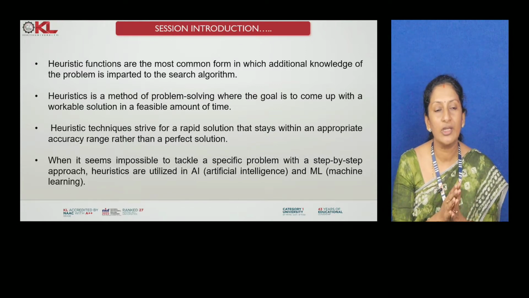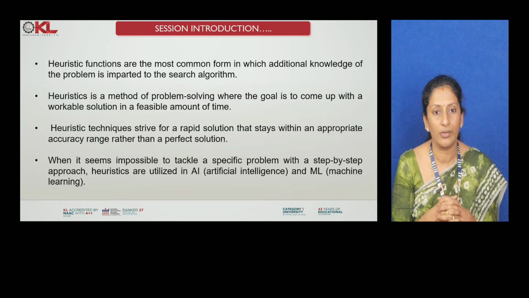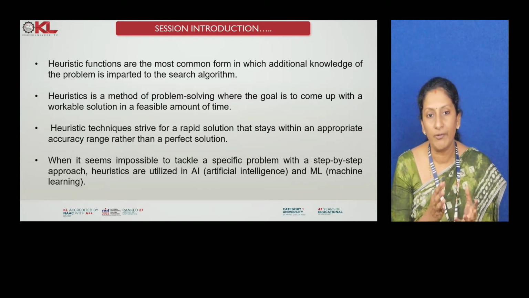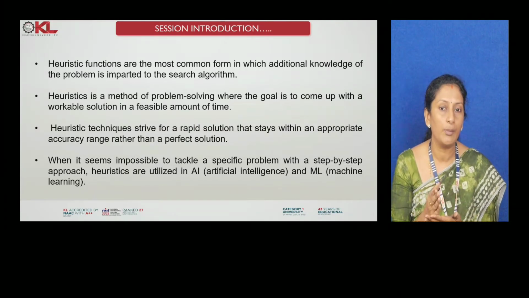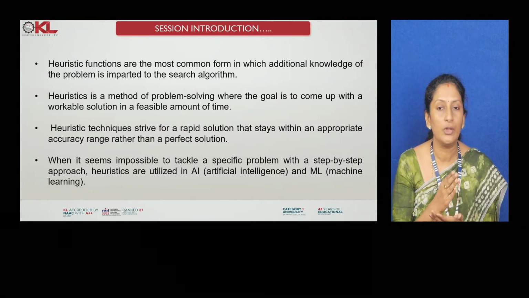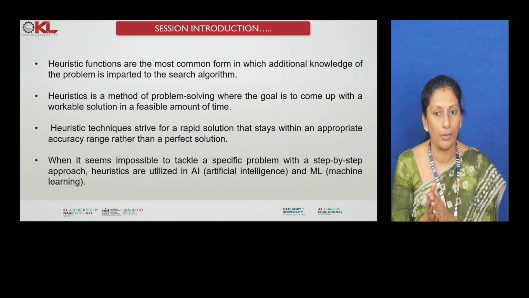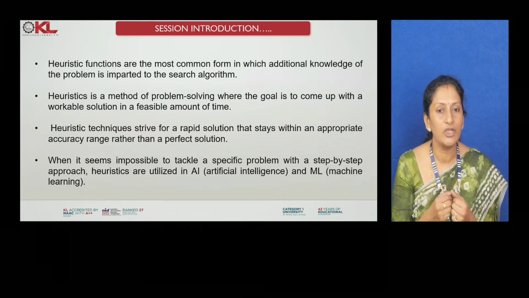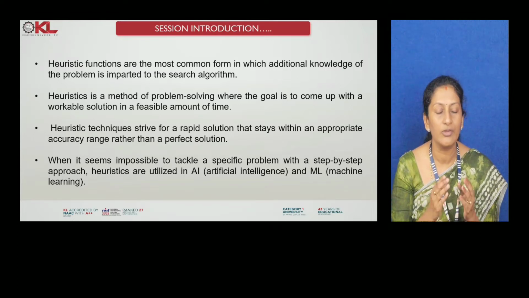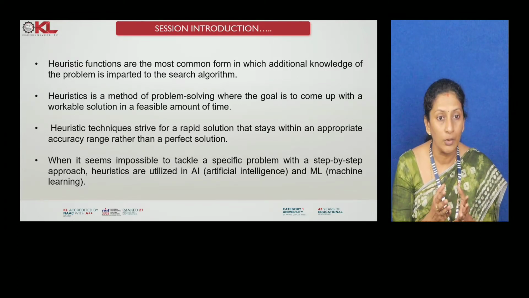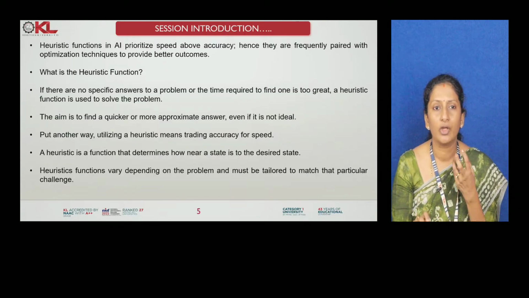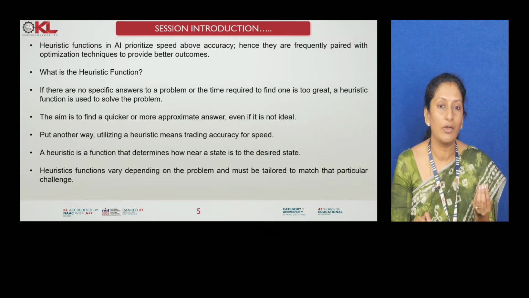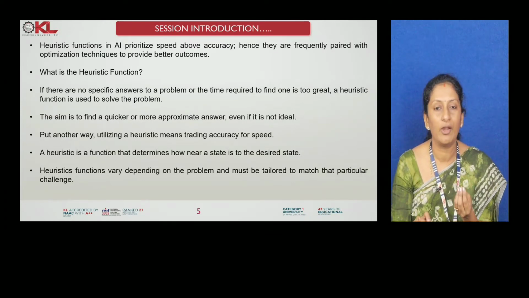A heuristic function will always try to find a rapid solution with a limited amount of accuracy rather than giving a perfect solution. If it is not possible to solve the problem step by step, in either artificial intelligence or machine learning algorithms, we use heuristics, heuristic values. These are a combination of accuracy versus rapid finding of a solution.